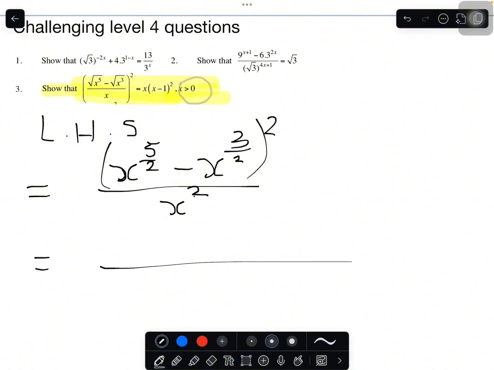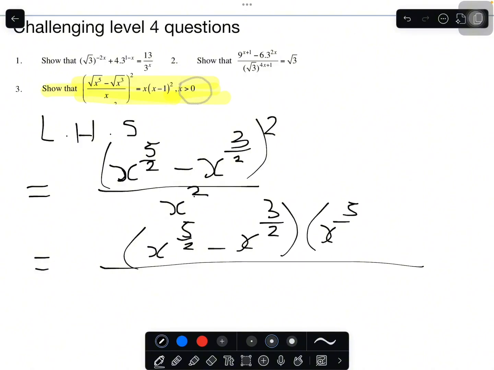So if I were to rewrite that, it'll be x to the 5 over 2 minus x to the 3 over 2 into x to the 5 over 2 minus x to the 3 over 2 over my x squared.